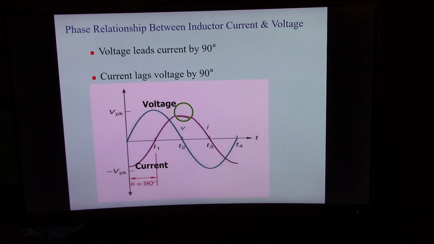And then you have a current that is decreasing, then you have a voltage that's decreasing. And in the phase relationship, how voltage and current work is that the voltage leads the current by 90 degrees.